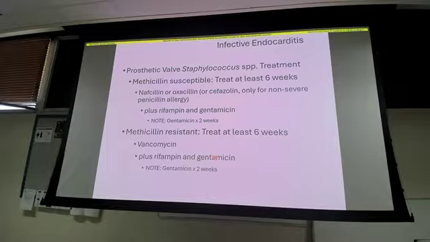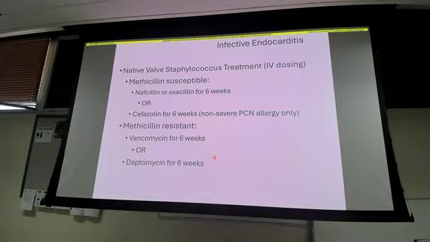Yes. So from just the native valve, the way you would treat native valve and prosthetic valve is still the same, with the caveat that now you need the gentamicin and the rifampin. Yeah. And the duration may increase.